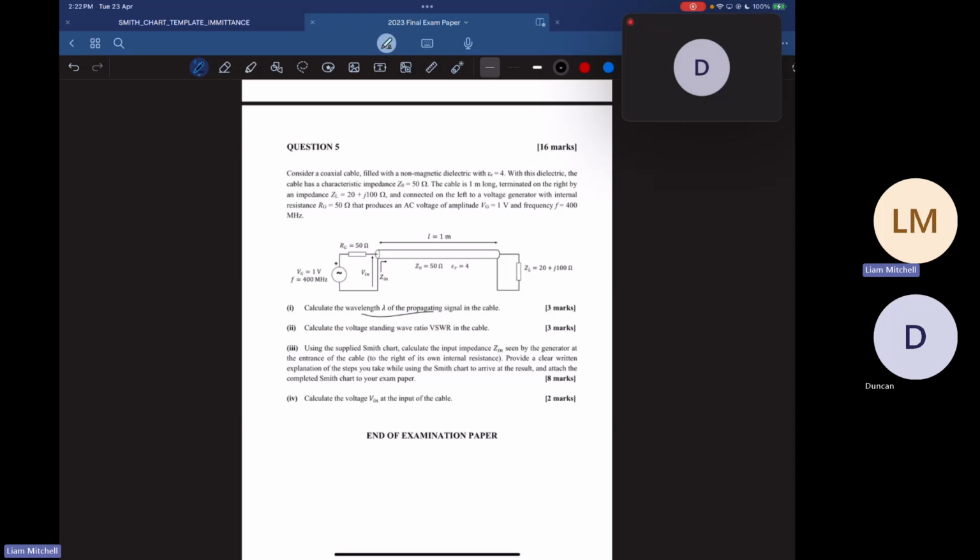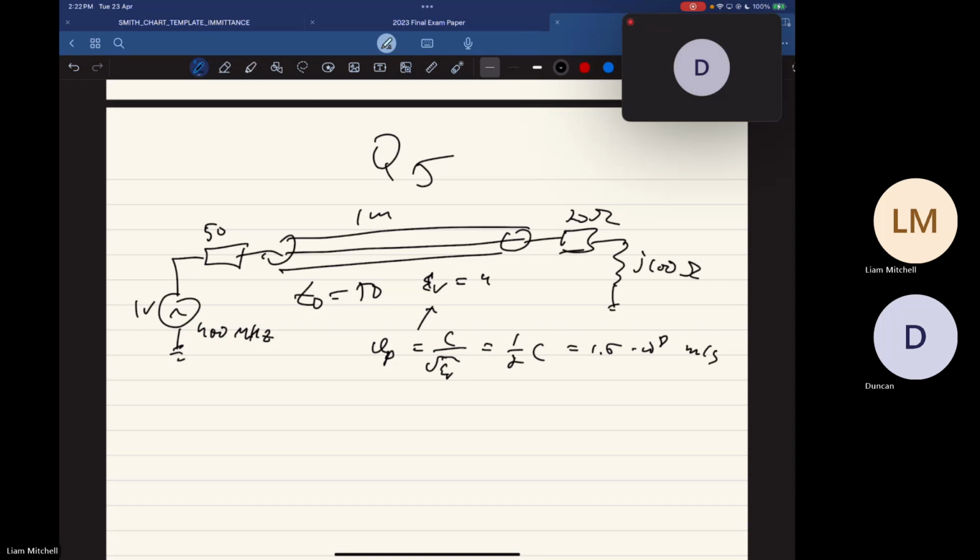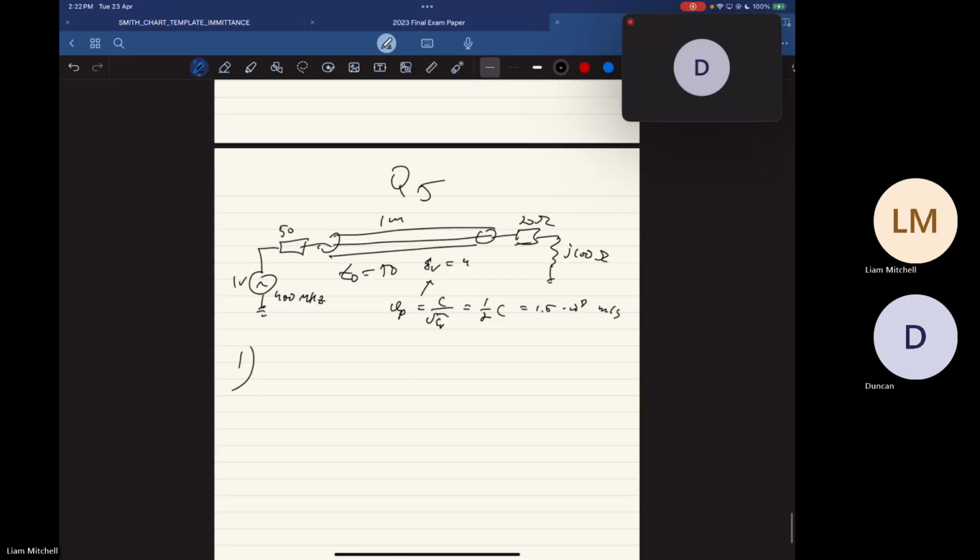We are asked to find wavelength and then VSWR of the cable. Our wavelength in the cable is just our VP over F, which is 1/2 C over F, which ends up being something like 0.3 something.